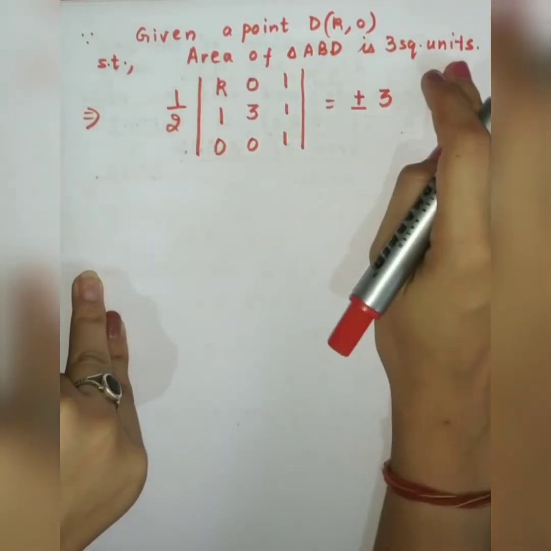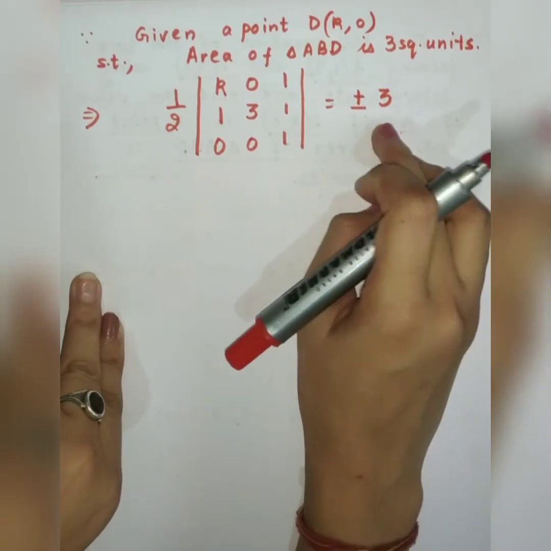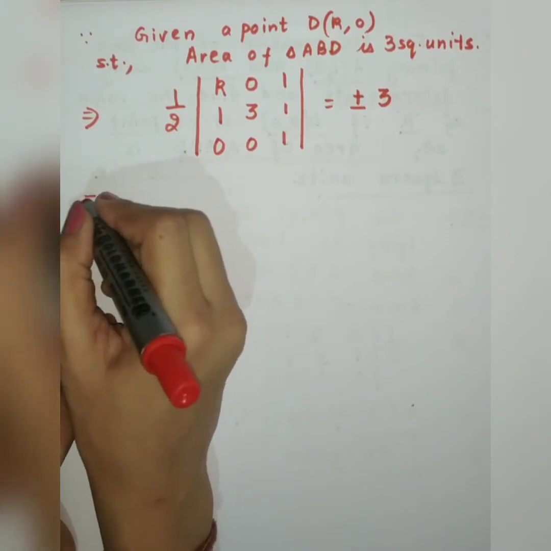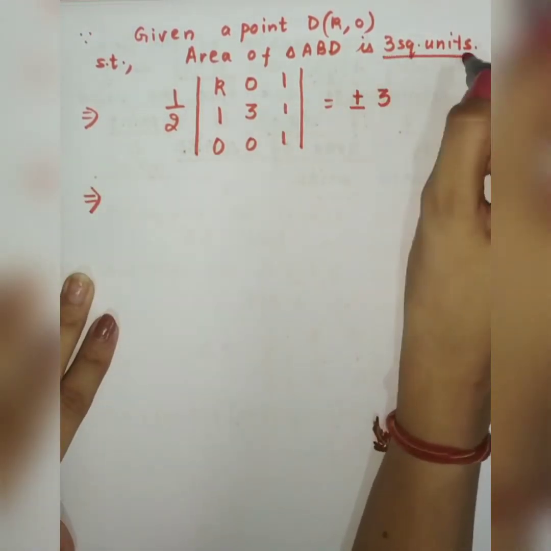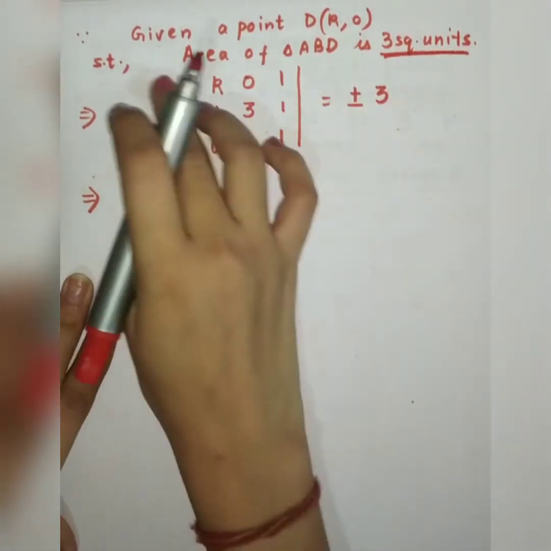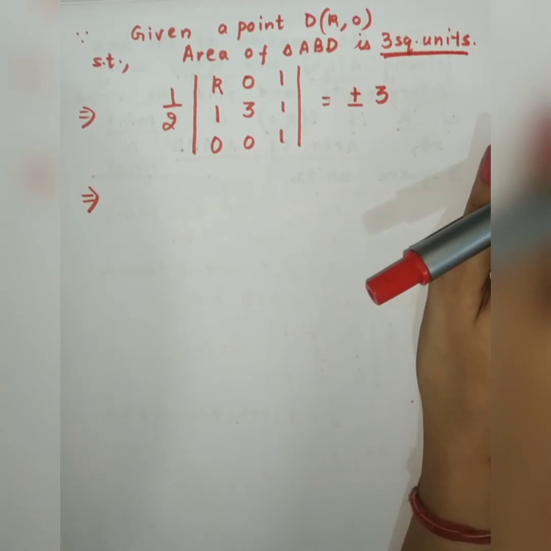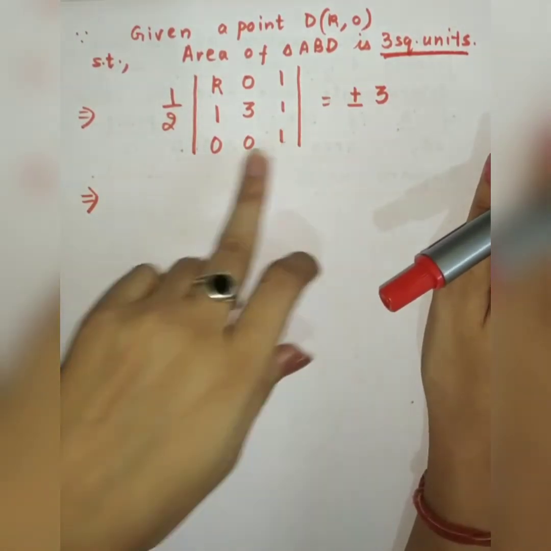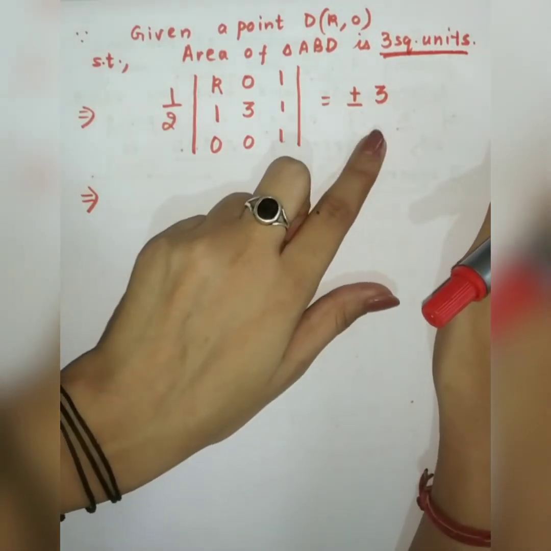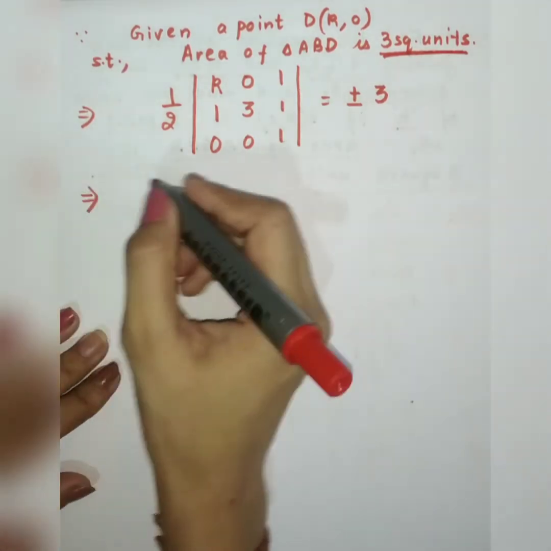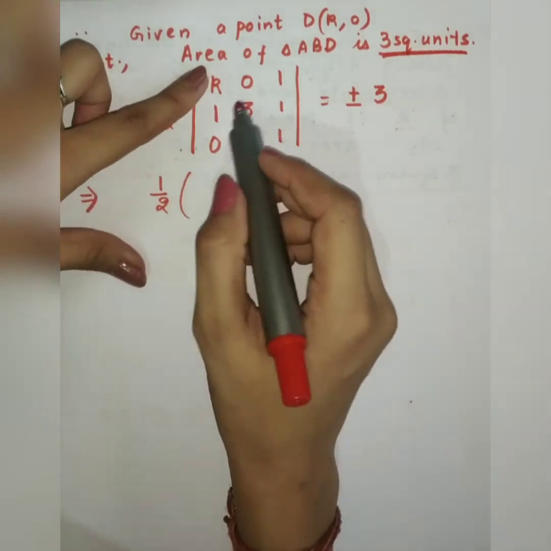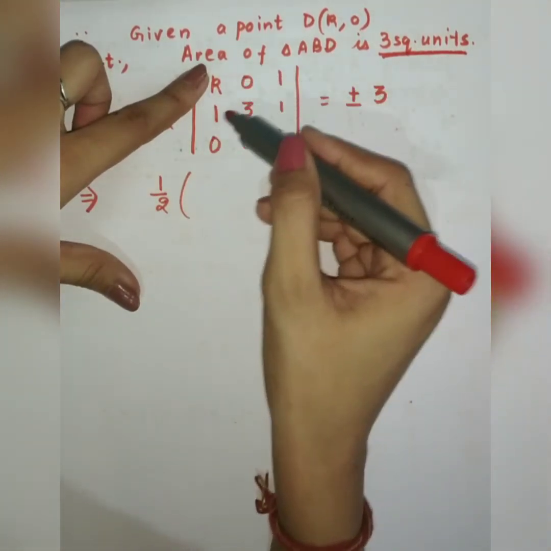Whenever we are given the area of a triangle, in that case we consider both the positive and negative values of the area to find the value of the constant. So this is an important point to note here. Area is always a positive quantity, but when the question provides the area of the triangle and we apply this result, we have to consider both the positive and negative values of the area. So this is half of the determinant. Expanding along k, the signs are plus, minus, plus.